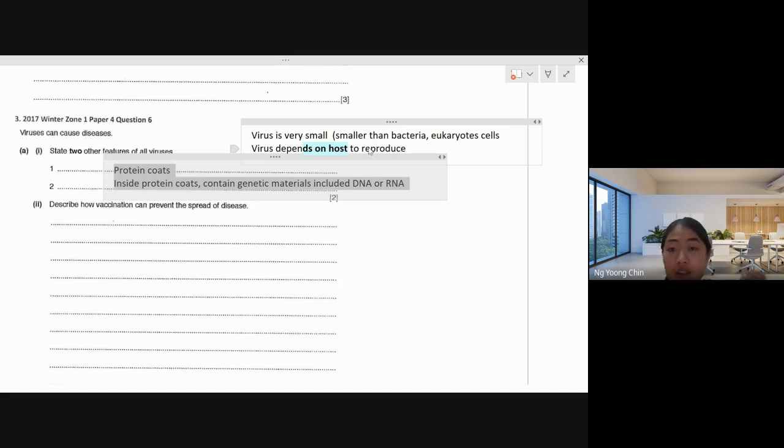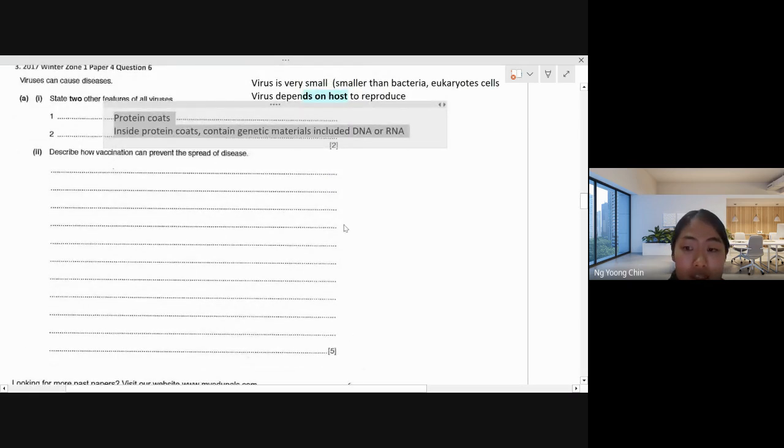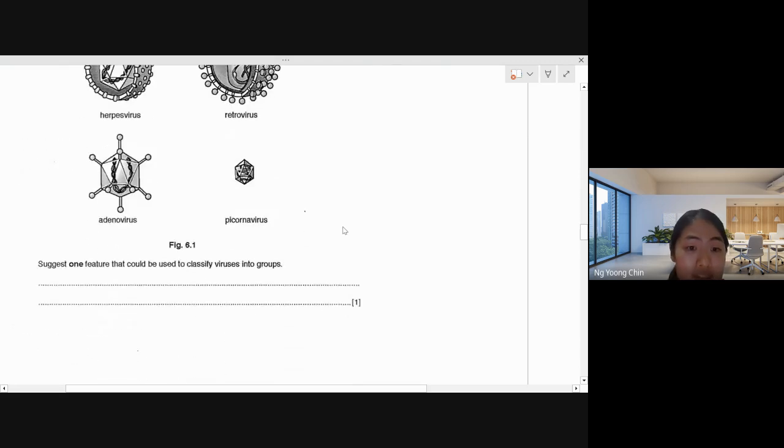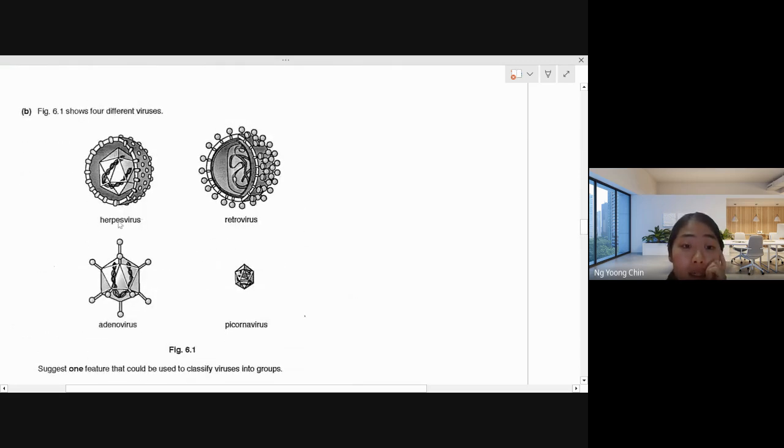And then Suyang, can you understand that if there's no assistance of the host, the virus is unable to infect? Okay, understand. This one is not in our chapter yet. Any other question? You can see there are a lot of viruses: herpes virus, retrovirus, adenovirus, picornavirus. Wow, interesting.